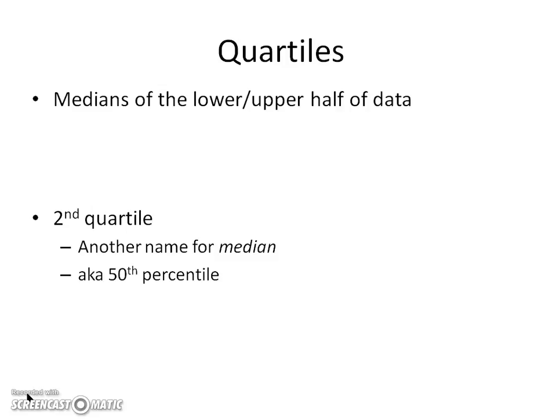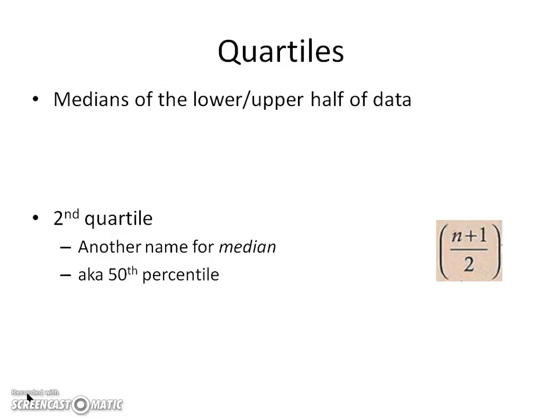I'm going to begin by skipping to the second quartile. The second quartile is your median, which means the 50th percentile of your data. As we mentioned, the median cuts my data in half, and n plus 1 over 2 is the formula that helps us find where my median is.